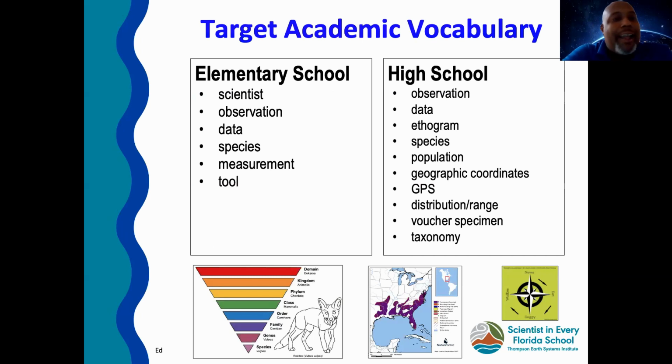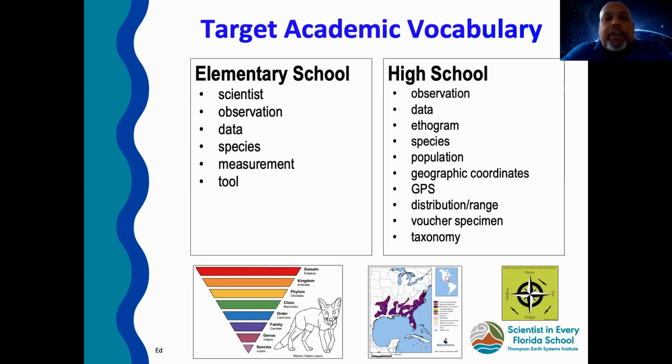Hi, again, Ed Grimes from Sunshine Elementary in Lehigh, Florida. One of the things that we wanted to make sure we emphasized was the idea of the vocabulary and what it means with these kids. It doesn't mean anything if these kids are taking classes and reading about science and not really understanding what the words mean. So we wanted to make sure there's some emphasis on certain key words.